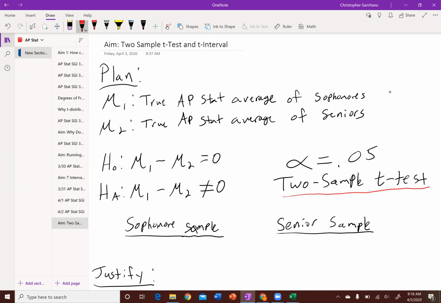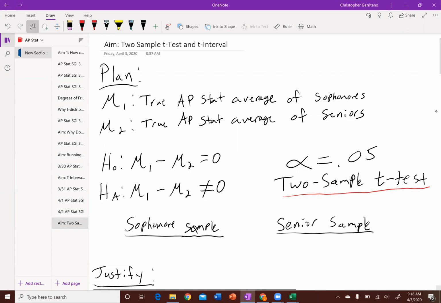My parameters are going to be mu1, which will be the true AP stat average of my sophomores, and mu2, the true AP stat average of my seniors. The null hypothesis will be that they're the same, mu1 minus mu2 equals 0. And for my alternative hypothesis, I'm going to run a two-tailed test.